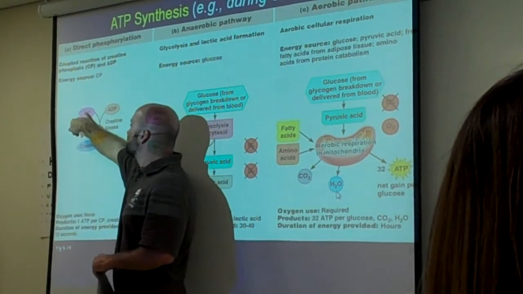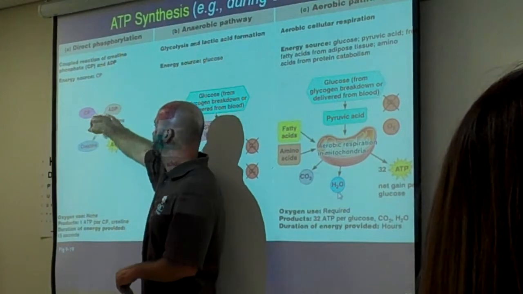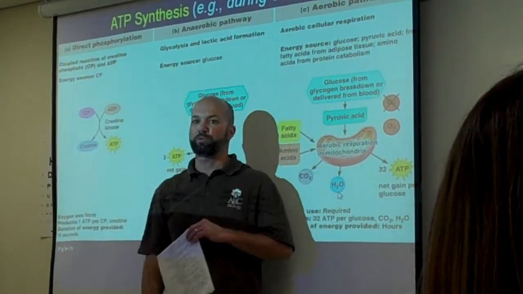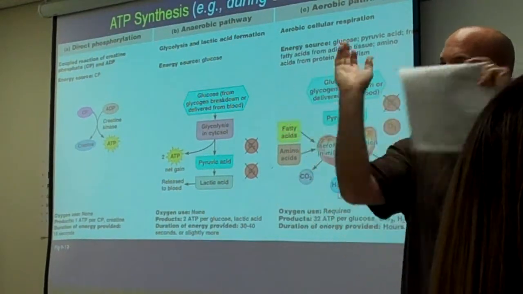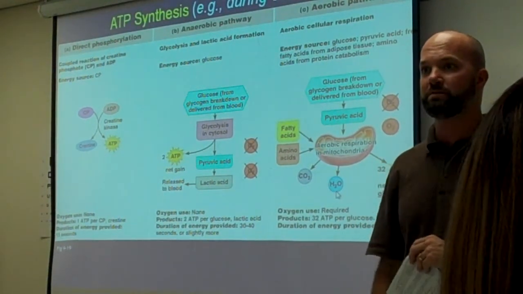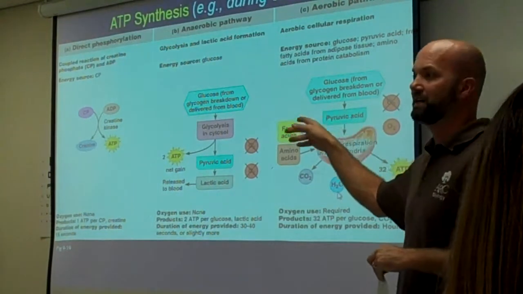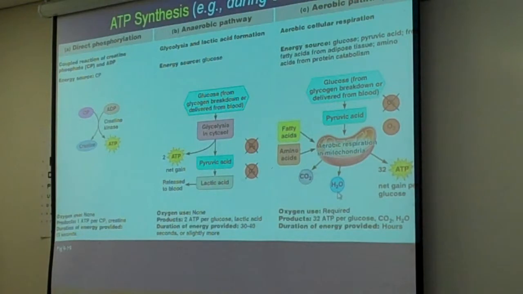So when creatine phosphate loses the high energy phosphate, it becomes creatine. And when ADP gains it, it becomes ATP. So you just take that high energy phosphate off of one molecule, slap it on another. And that is phosphorylation. You could say creatine phosphate is phosphorylating ADP. It's giving it a high energy phosphate.